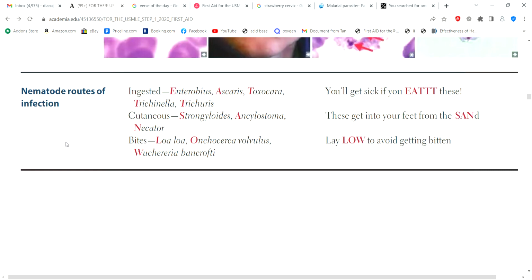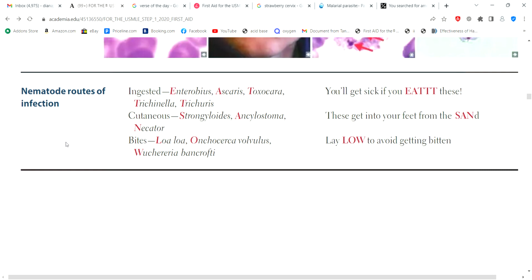And then the one you get from skin: Strongyloides, and then Ancylostoma. I can't say these words. Let's say Strongyloides.